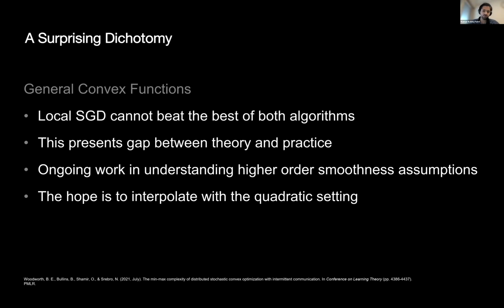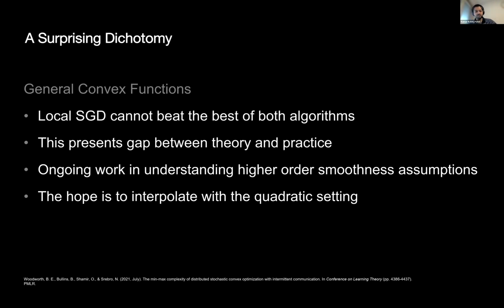In particular, if you look at second order smoothness, then they have a 0 second order smoothness constant. So one would hope that by controlling the higher order smoothness of your function, you can somehow get a better guarantee for local SGD. And both us and some other people have looked at such assumptions like self-concordance, quasi-self-concordance, third order smoothness, etc. Okay, but this is one major line of work which is open here.